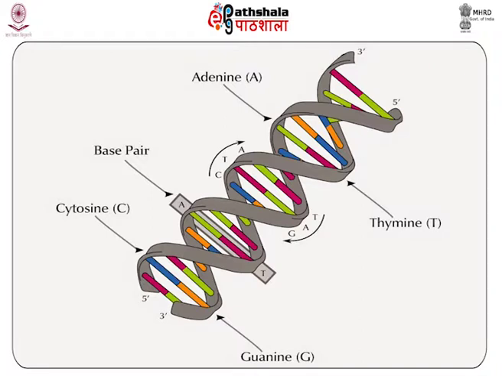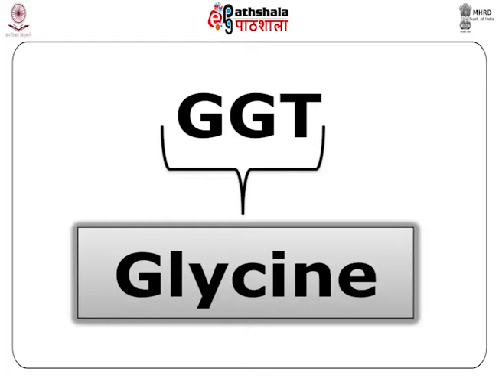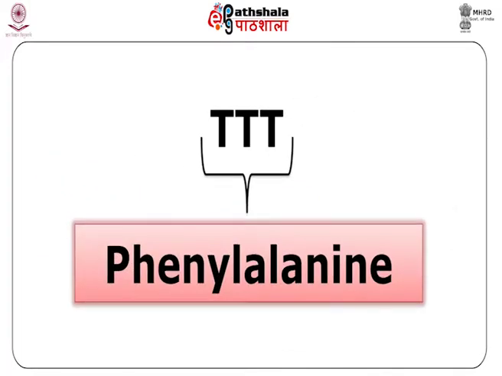Let us understand this concept with the help of an example. Let us consider the DNA sequence G G T T T T G A T. The sequence of base pairs G G T, wherever present in the chromosome, will code for the amino acid glycine, and T T T will code for the amino acid phenylalanine.